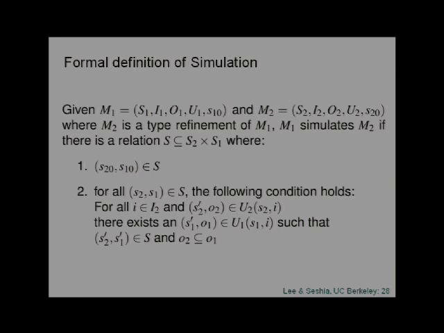So this is saying for all inputs that I get for machine M2 and all possible next state output pairs, there should exist a matching transition here. For every transition up here, there should be a matching transition down here.